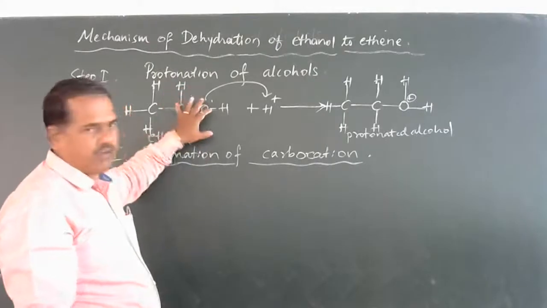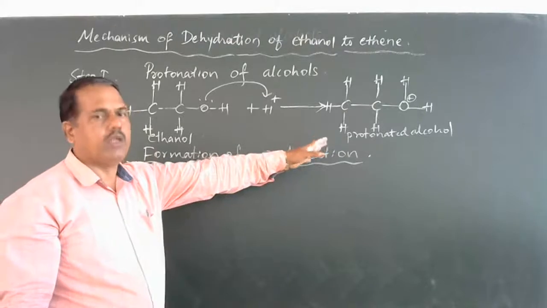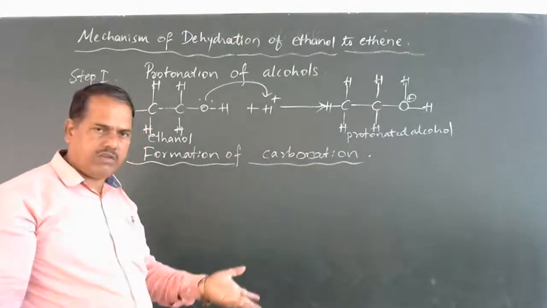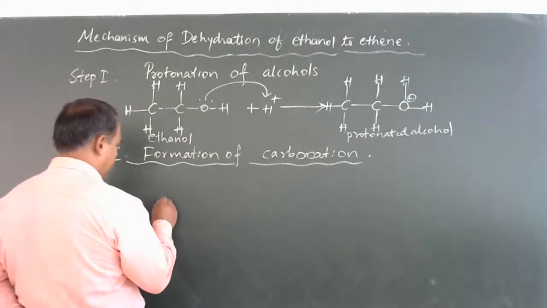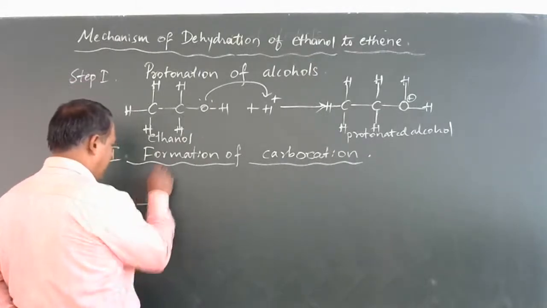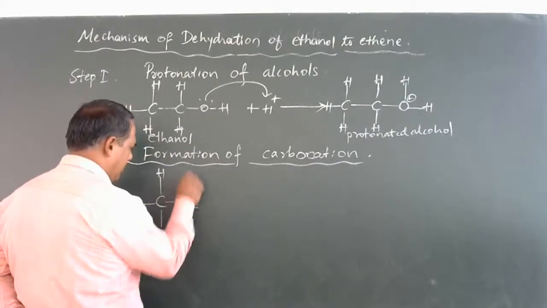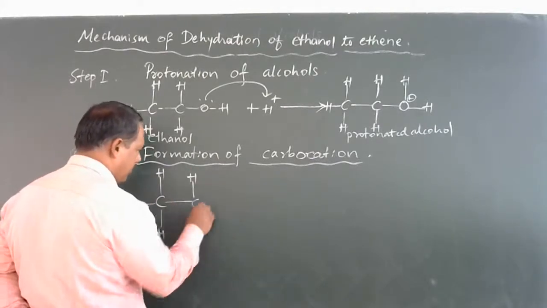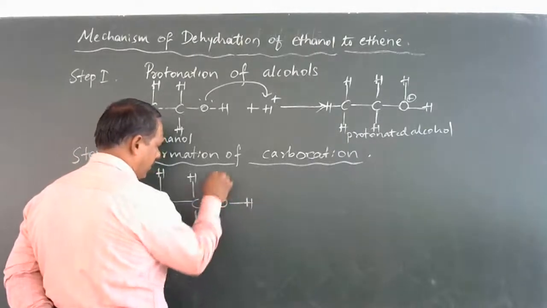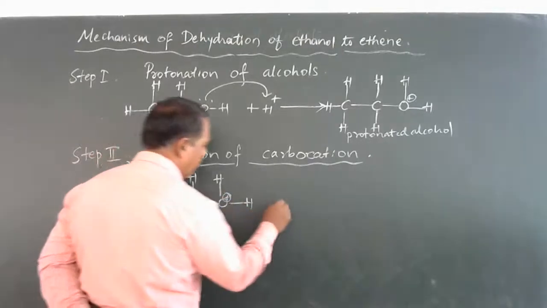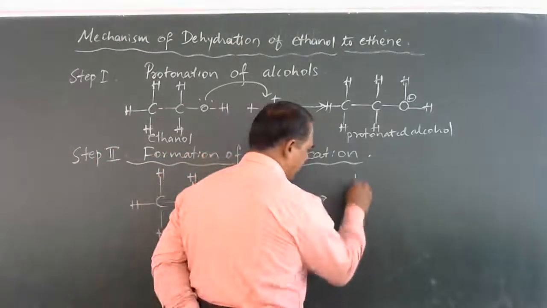Whatever the product is in the first step, that is the reactant in the second step, that's all. Now, this is nothing but C, H, again H, and the protonated alcohol we have. This protonated alcohol forms carbocation.